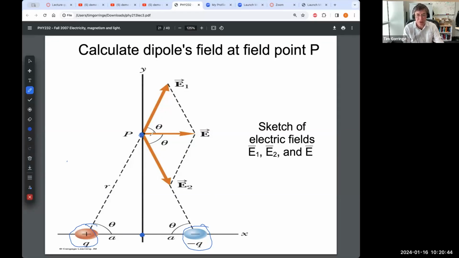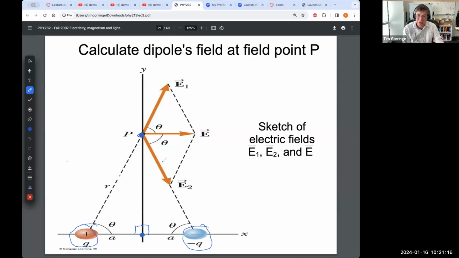This vertical line is the y-axis, and it's the axis that intersects and bisects the line between the two charges. So it's at right angles and midway between the two charges. I'm drawing right angles here, I'm not just sketching or doodling. So we want the field at this point here.